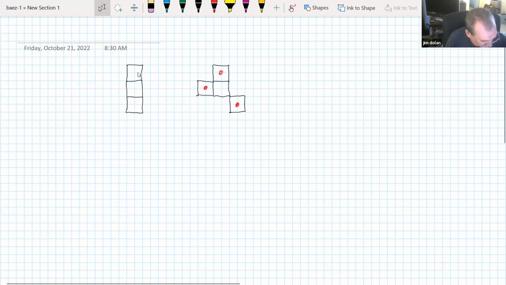Sorry, where would the fundamental domain be over here? Where would the lattice generators be over here? Right, those would be the lattice generators.